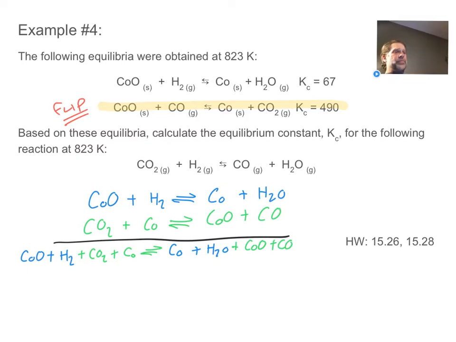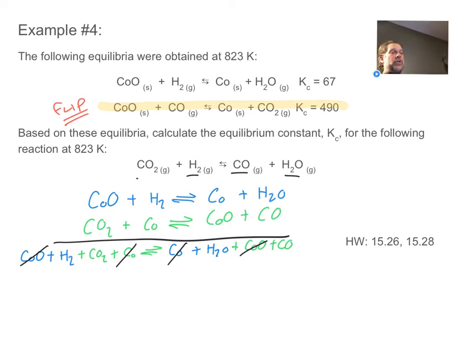Now, there are some things that cancel out. So I see that cobalt oxide cancels out on both sides. I see that cobalt cancels out on both sides. And I'm left with water, which is one of the products I'm trying to find, and carbon monoxide, which is the product I'm trying to find. I'm left with hydrogen, I'm left with carbon dioxide.